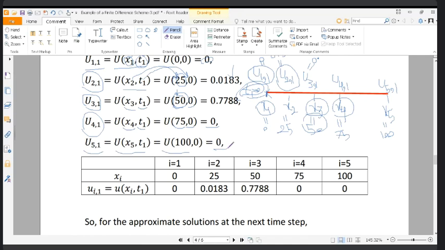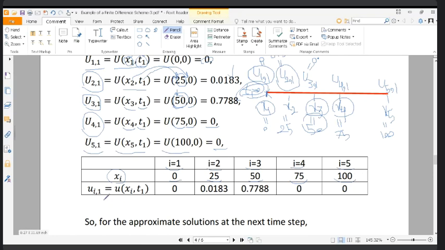I collect these values in this table. The first row is the value of i. We have 5 points: i equal to 1, 2, 3, 4, and finally 5. For this index, xi for the first point is 0, the second point is 25, the third point is 50, the fourth point is 75, and the end point is 100.